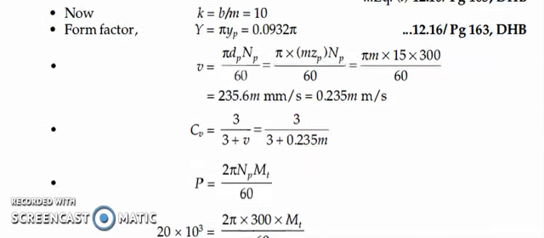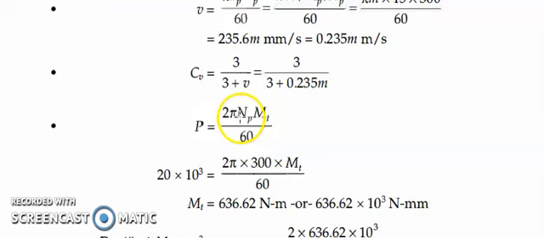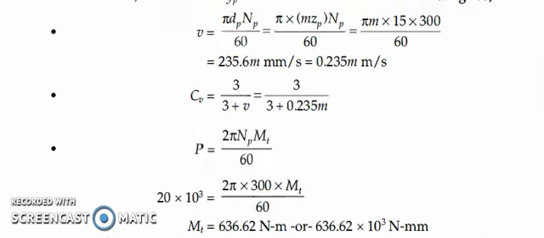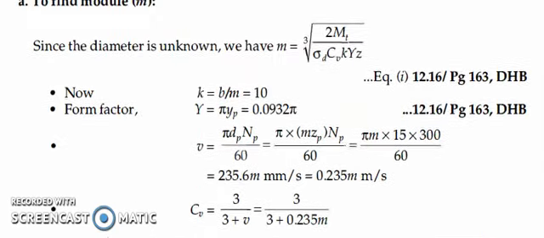The next one is the power P equal to 2 pi n Mt divided by 60. Here Mt we have to calculate from this equation. Power is already given in our question, so you can find the value of Mt. Then we get all these values, and using all these values we can find the value of module.